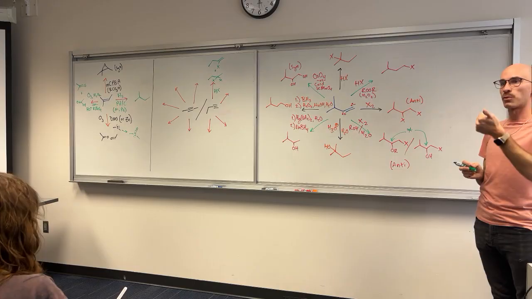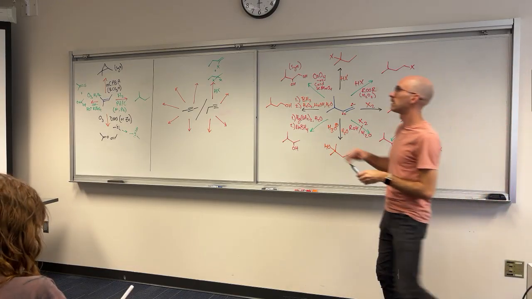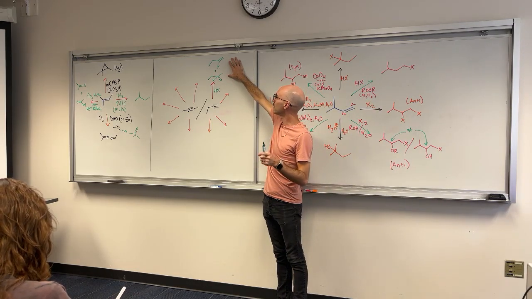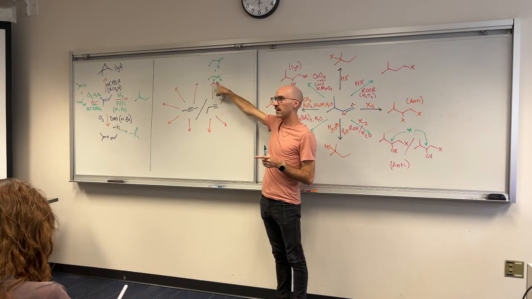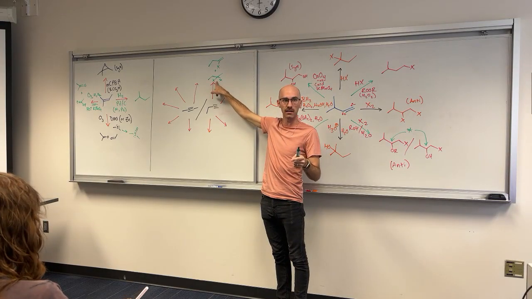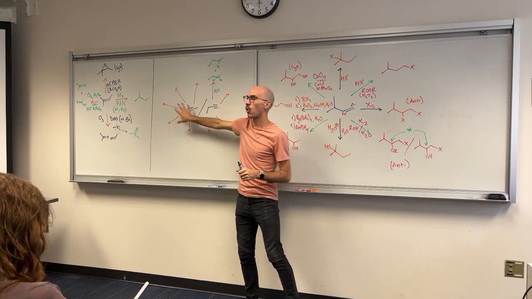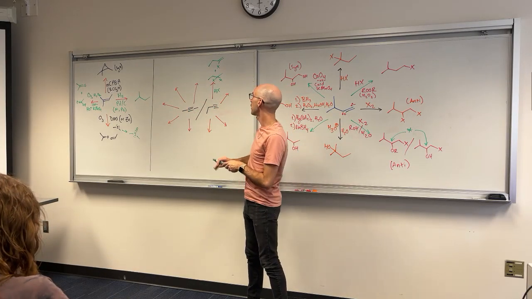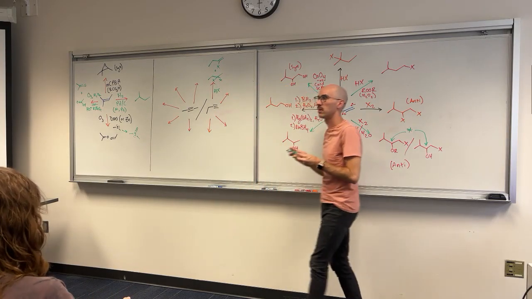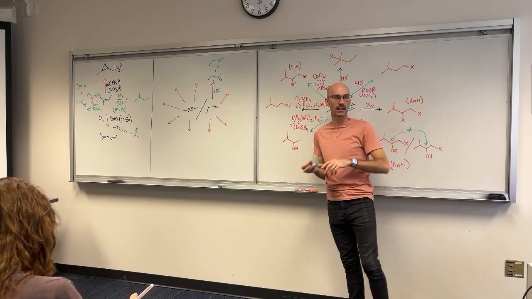This is regio-specific in 2 capacities. It's Markovnikov, and the second HX addition puts X in the exact same spot. So whether this is a terminal alkyne like this or an internal alkyne, you always get a geminal dihalide, twin dihalide.